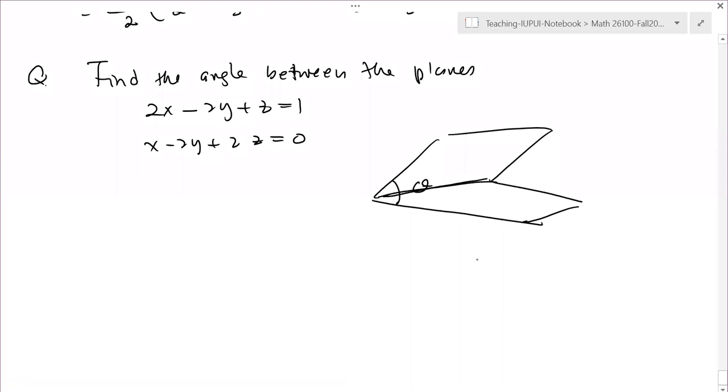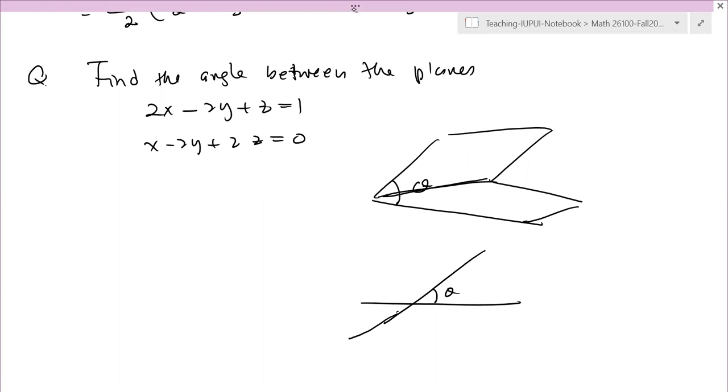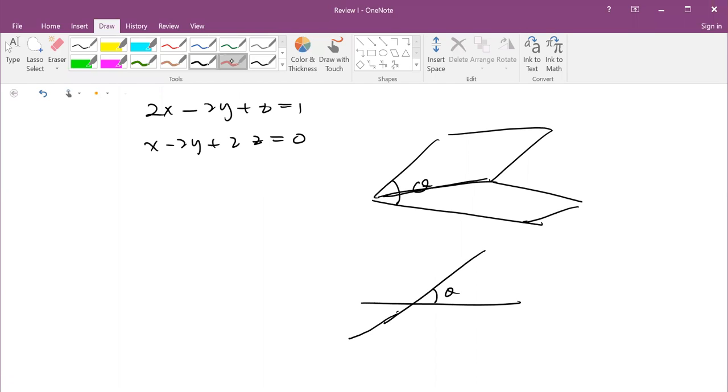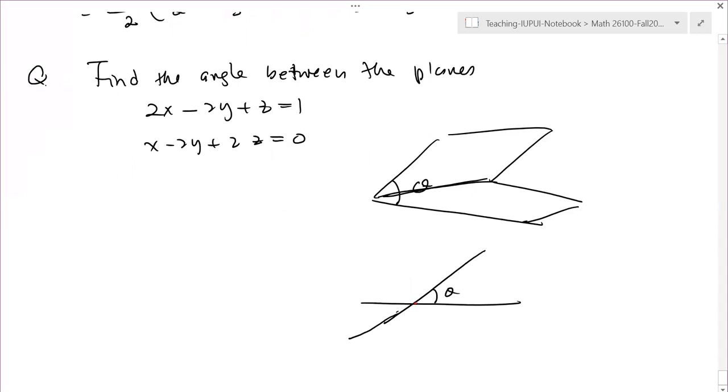Okay, you look at this cross section. You want to find the angle, right? So let's take a look at these two normal vectors. The normal vector to this line, the normal vector to this. I think this is the same angle here, right?